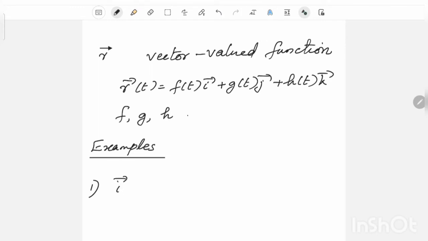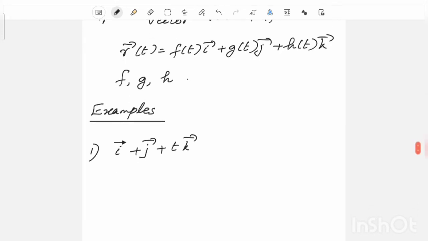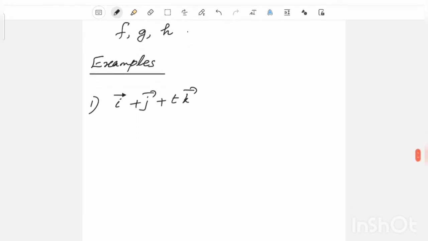One plus j plus tk is an example of a vector valued function because 1 and t are functions defined on the real line.